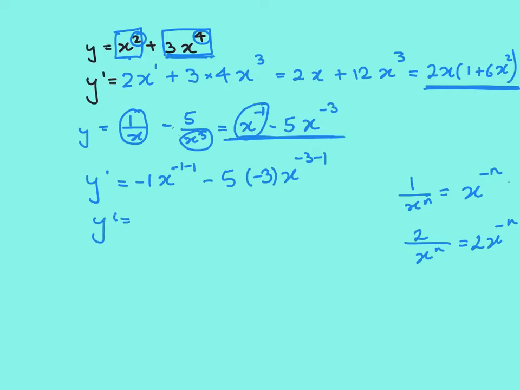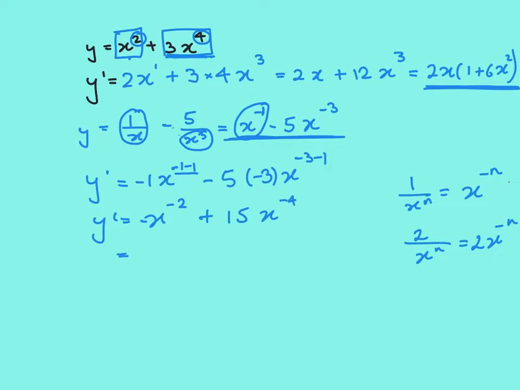As I said before, you don't always have to write negative 1 take away 1. If you do feel confident, you can just skip that step. Negative 5 times negative 3 is plus 15, x, and negative 3 take away 1 is negative 4.